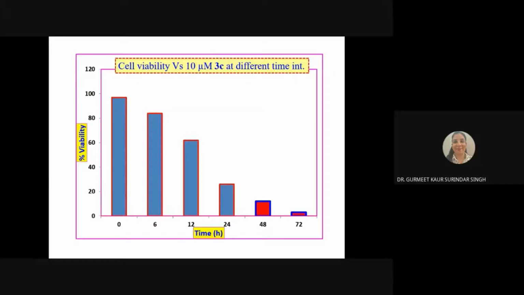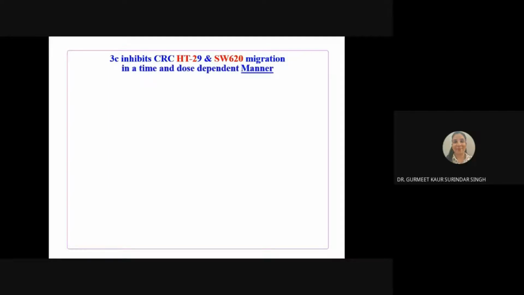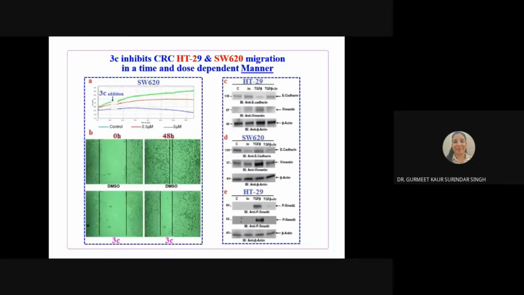Cell viability was also affected over time, with the maximum inhibition after 72 hours. It also inhibited the cell migration, as we said before, and this is the other proof for what we found.